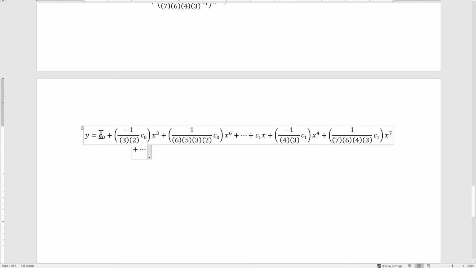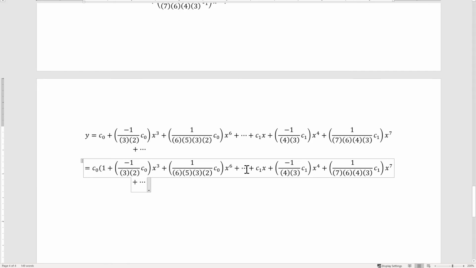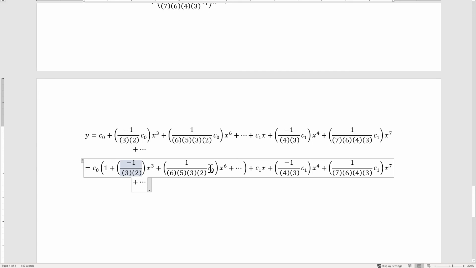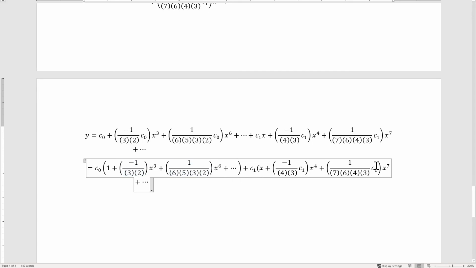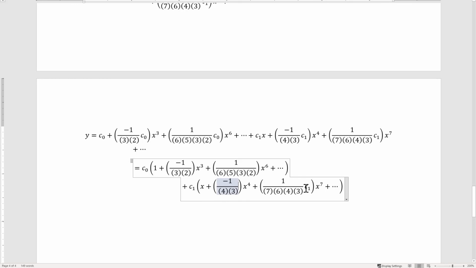And so we have a couple of patterns here, or a couple of solutions. Let's go ahead and take c sub 0 out. So c sub 0 gets taken out. And let's do the same thing for c sub 1. So c sub 1 taken out.